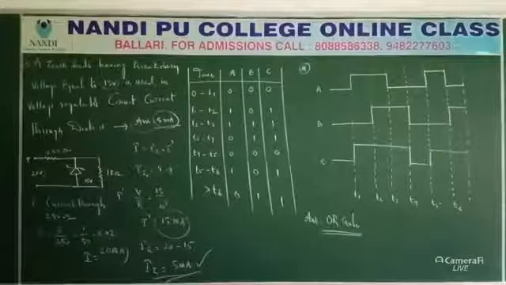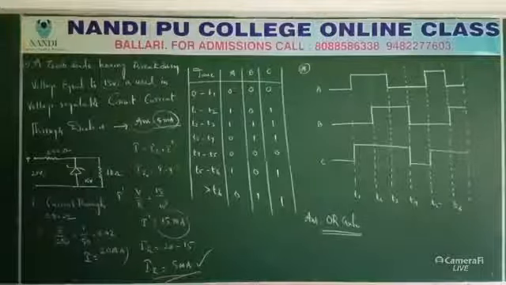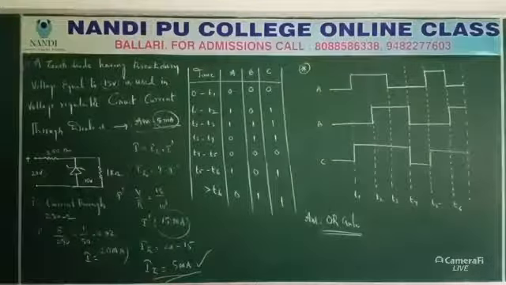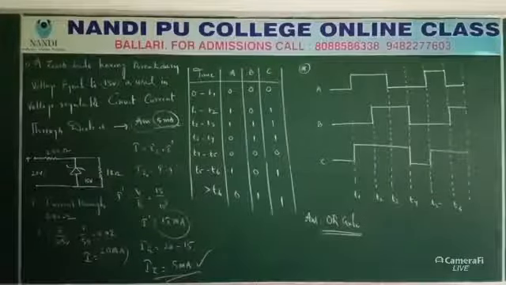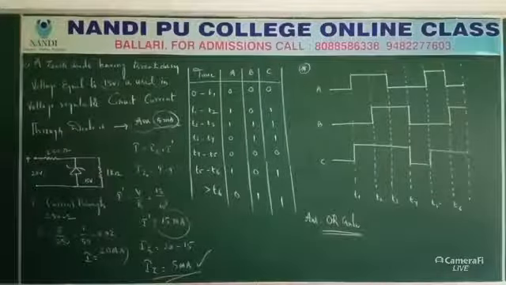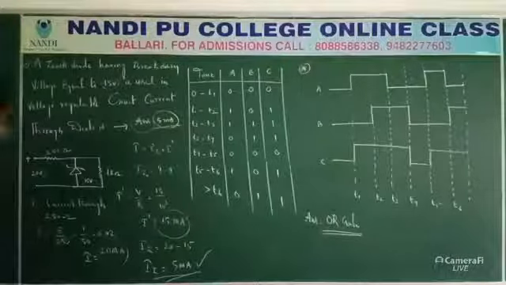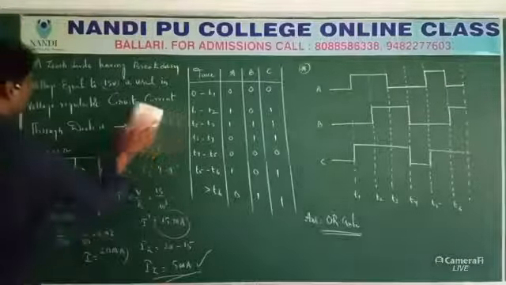The second model is about these combinations. I will give you one model question, then you can easily understand. Here one circuit is given, and I will draw the circuit.